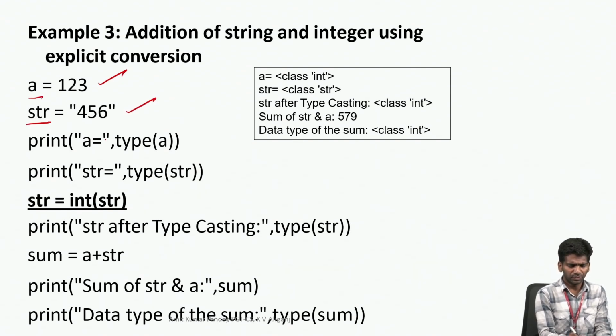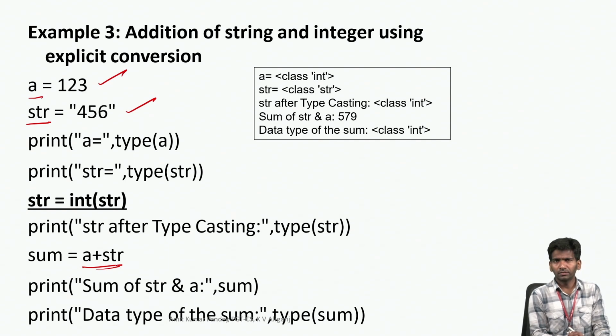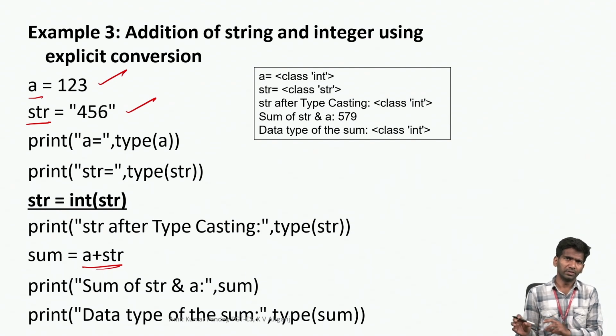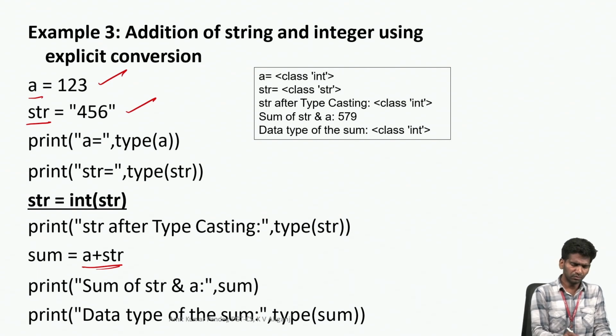We are trying to add these two. If you are not doing type conversion, they will just align themselves, and you could see the same output there. We want to perform some operation, right? That's why we need to do type conversion.